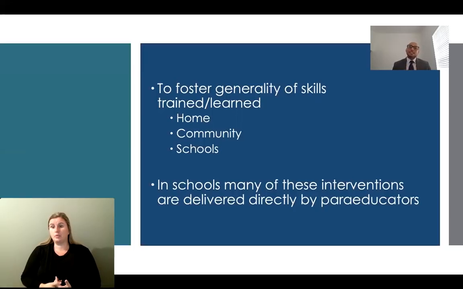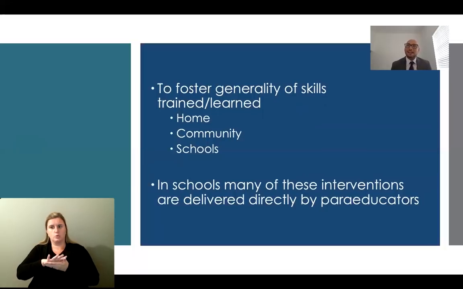What has been suggested is that in order for these interventions to foster not only the acquisition but also the generalization of skills acquired, they must be delivered across relevant environments, such as the home, the community, and of course, schools.